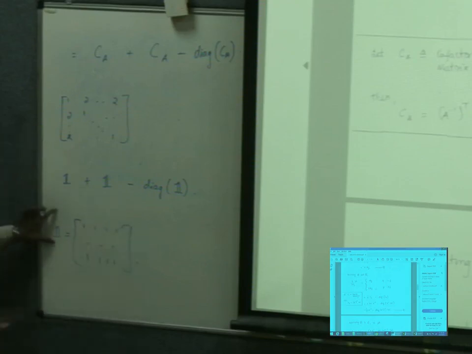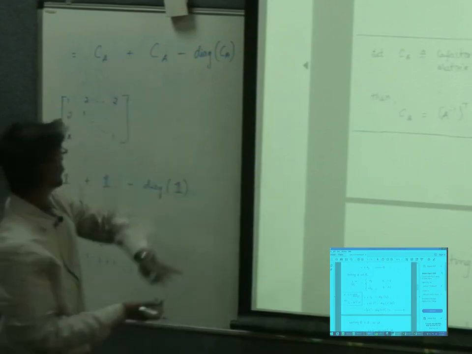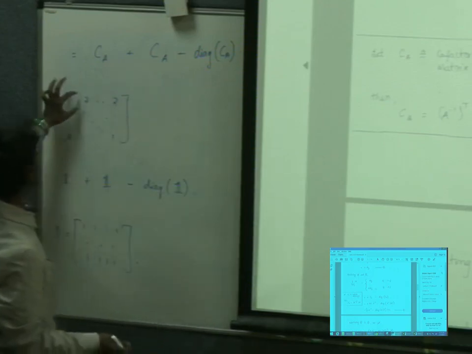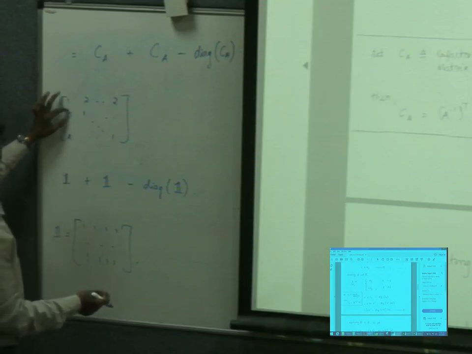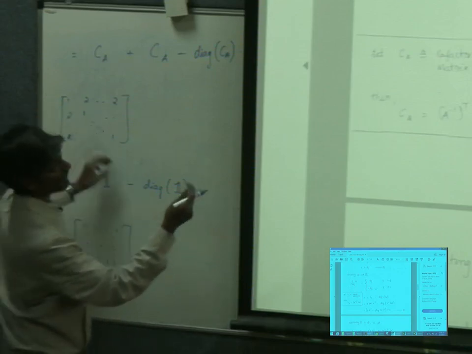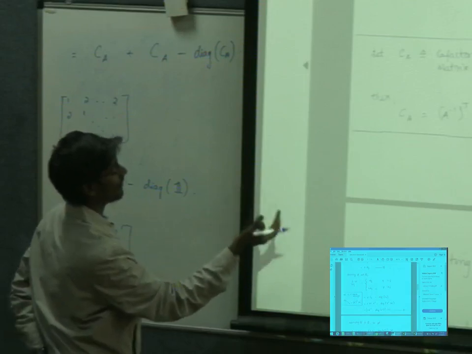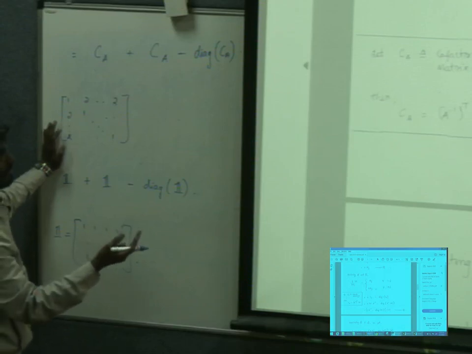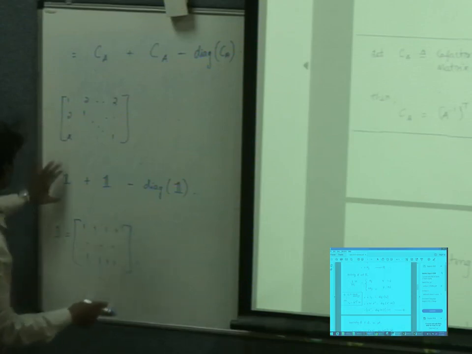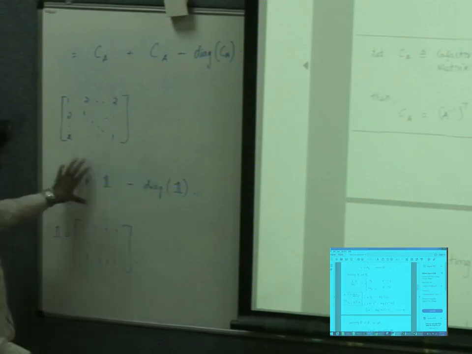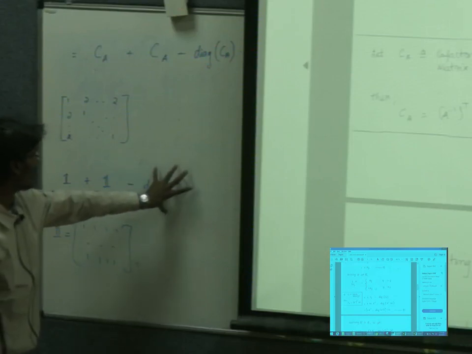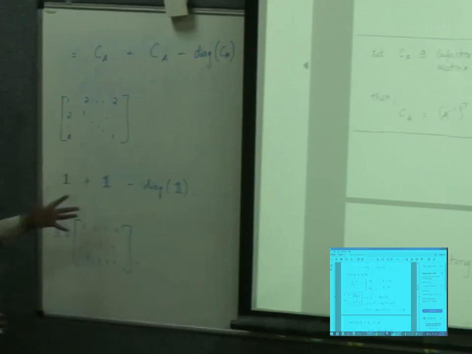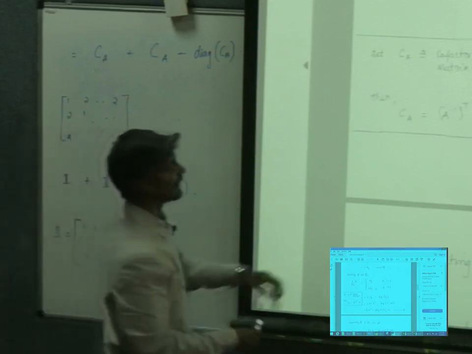If the off diagonal elements occur twice some value, and the diagonal elements are just some value, then it can be expressed as the sum of the matrix with itself, and you subtract the diagonal elements of that matrix from the sum matrix. It's very simple. So this is what the final expression is.